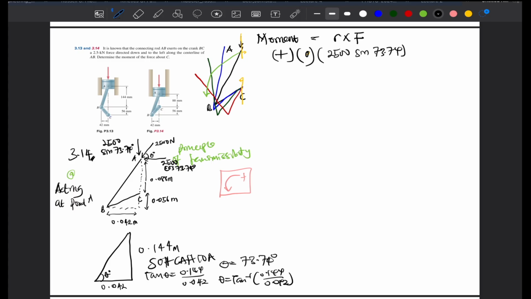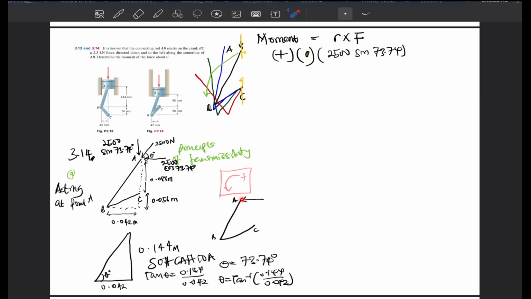Then we look at our horizontal component. We can draw that also here: A, B, C. We have a horizontal force acting at A. In which way is it going to tend to move our body?